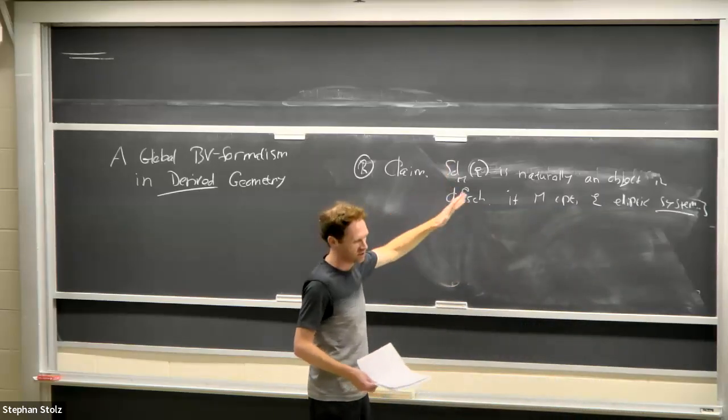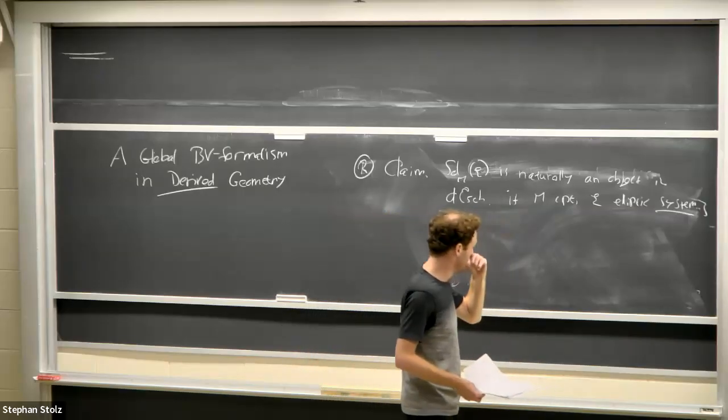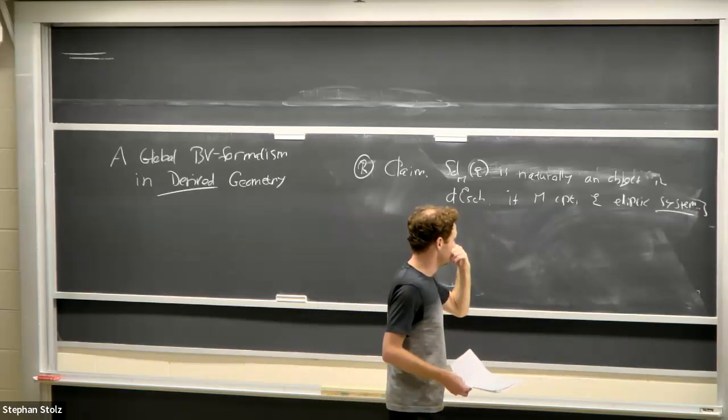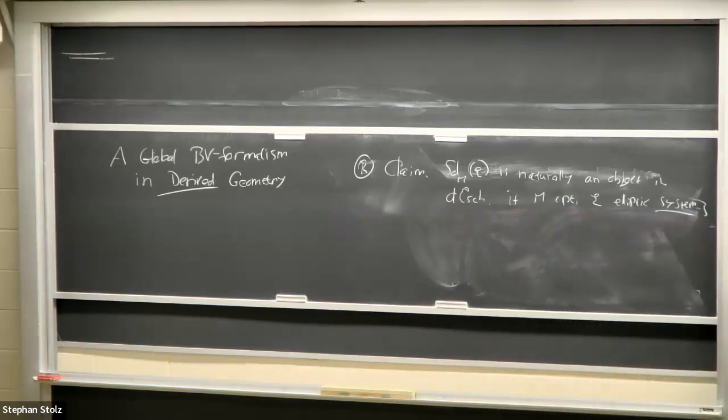So you would have a moduli space of pseudo-holomorphic curves of some flavor that you could not write as a manifold, but that you would write locally as a non-transverse intersection of smooth manifolds.